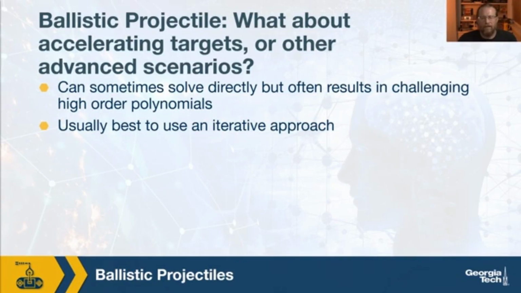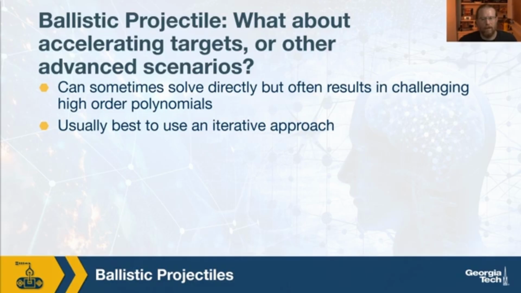All right, so sometimes we can solve directly, but if we start to add more and more degrees of freedom to the movement of either the projectile, like adding acceleration, or the target has acceleration, or other types of movement, then we will create a system of equations that has higher order polynomials, and will get difficult to solve.